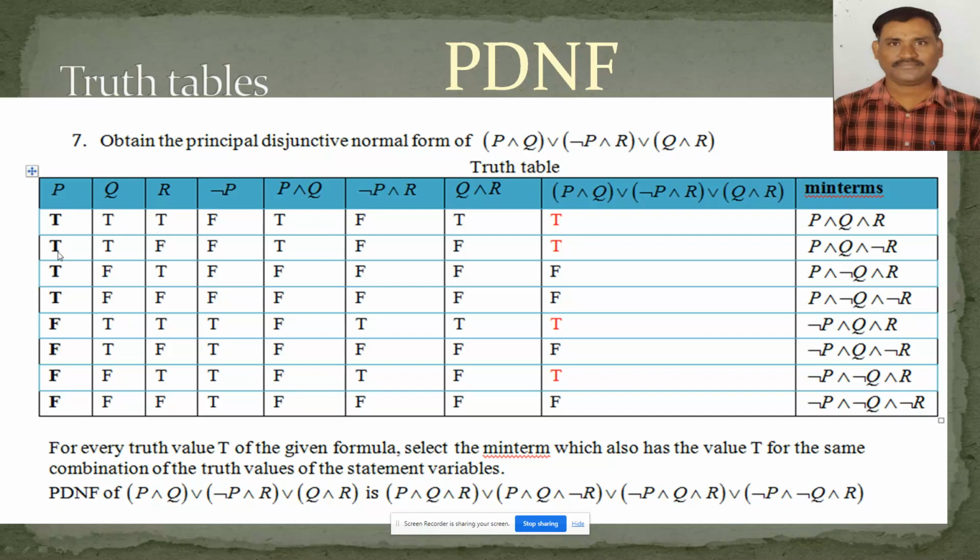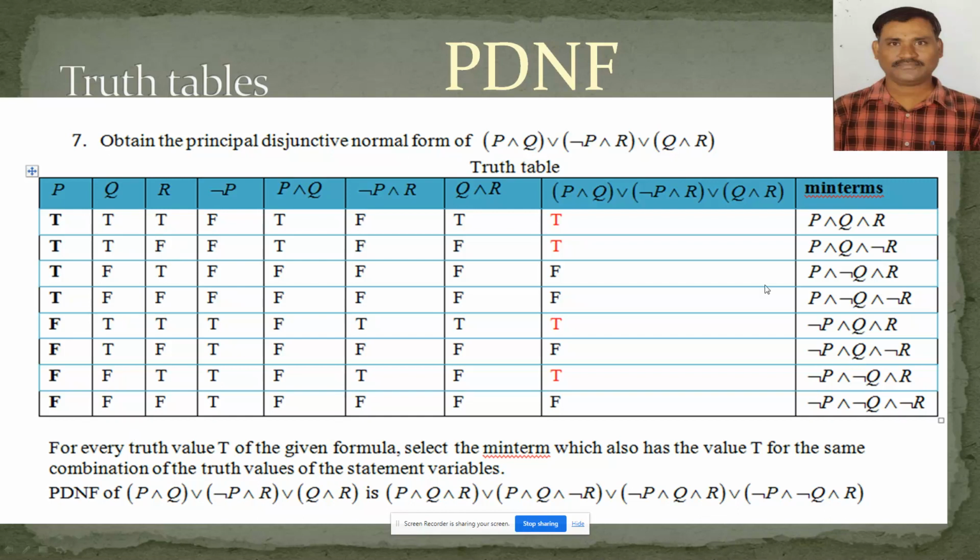But in this case, P and Q are true but R is false. To get their conjunction true, we have to negate R. In that case, P and Q and negation R, then we will get true. In this way we can get min terms.